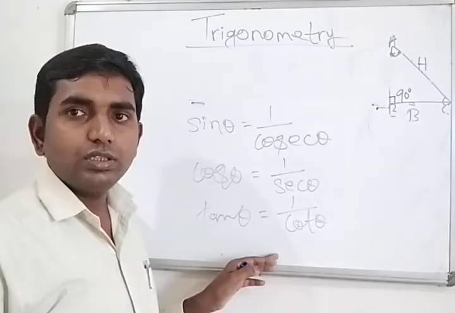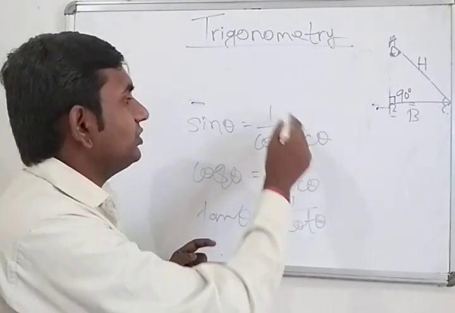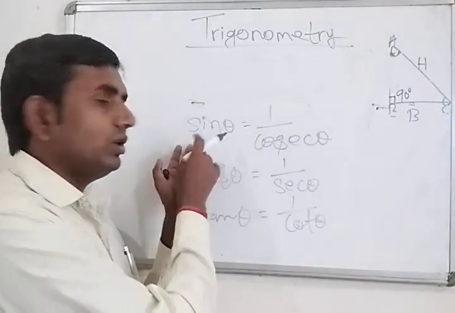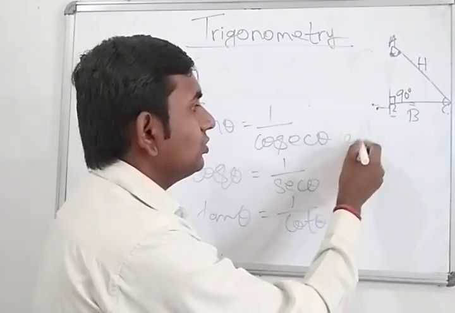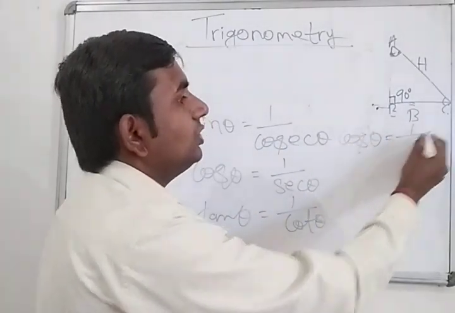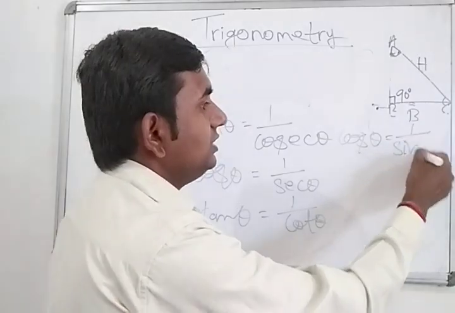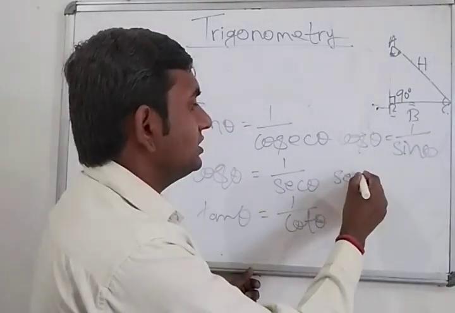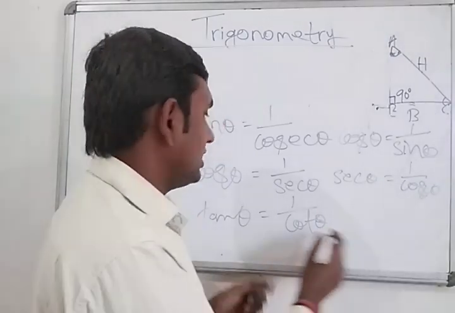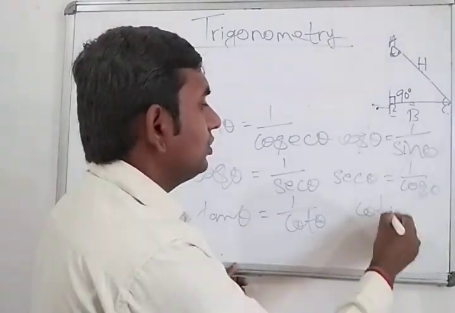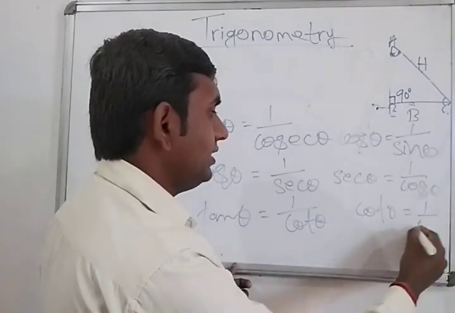Okay, why? Because they are reciprocals of each other. If you want to write cosec theta, then cosec theta is equal to 1 by sine theta, and sec theta is equal to 1 by cos theta, and cot theta is equal to 1 by tan theta.